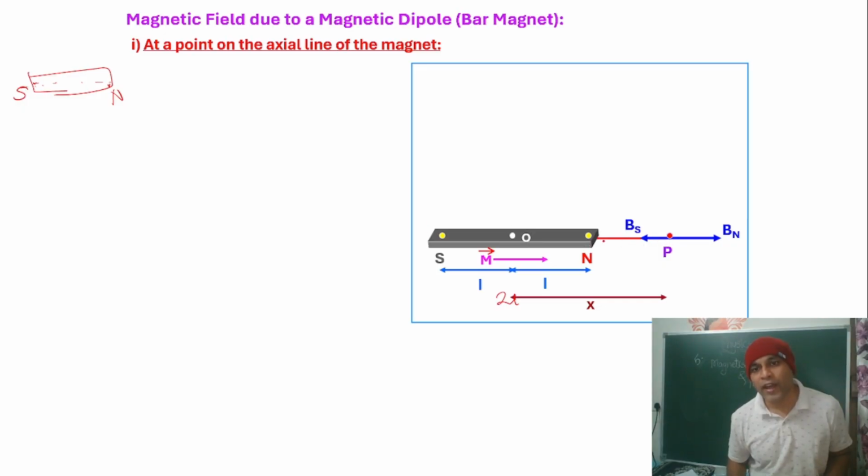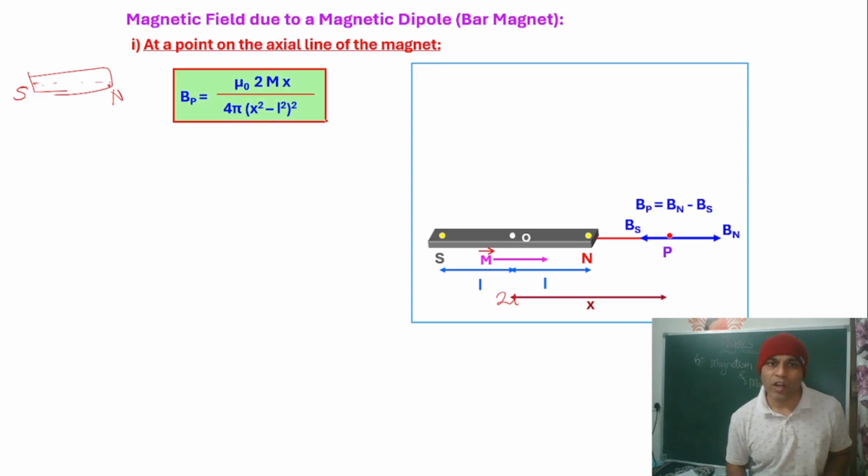The north pole of P is repelled by the north pole, and attracted by the south pole. So P has both, one attracting and one repelling. So the magnetic field at point P is Bn minus Bs, since Bs cancels part of the effect of Bn. It can be written as Bn minus Bs.